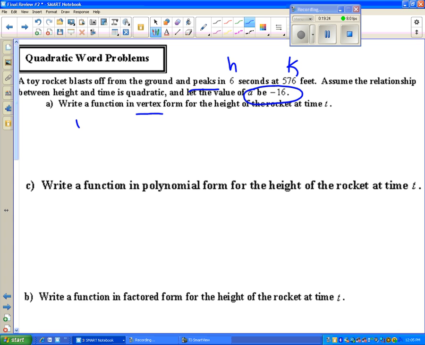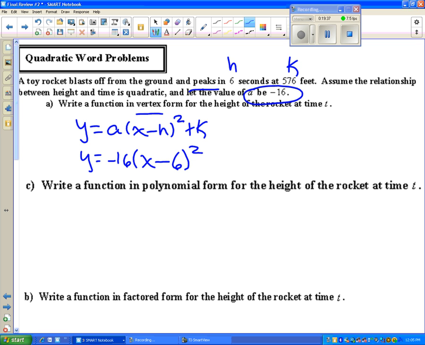So in vertex form, I have y is equal to a times x minus h quantity squared plus k. So y is equal to negative 16 times x minus my h, which is 6, squared plus my k, which is 576. All right.